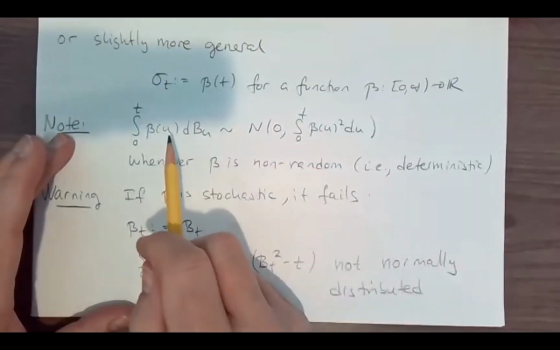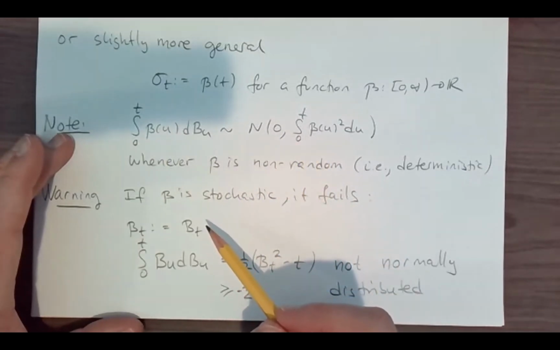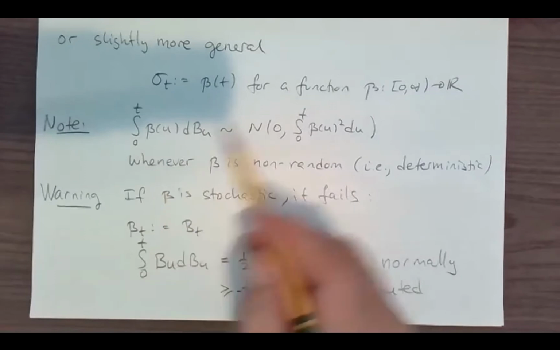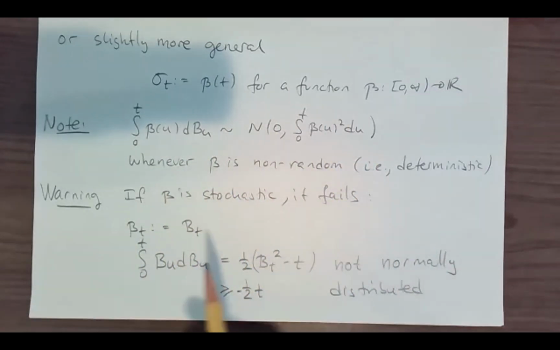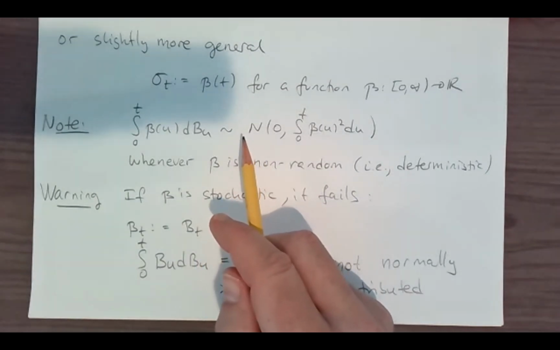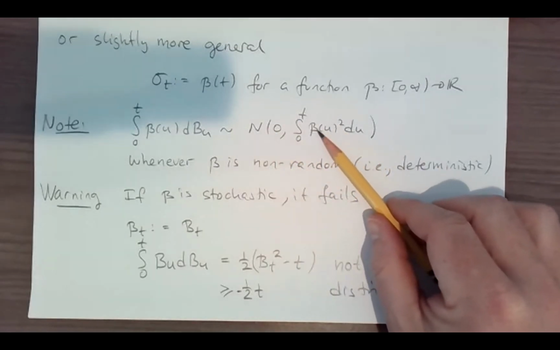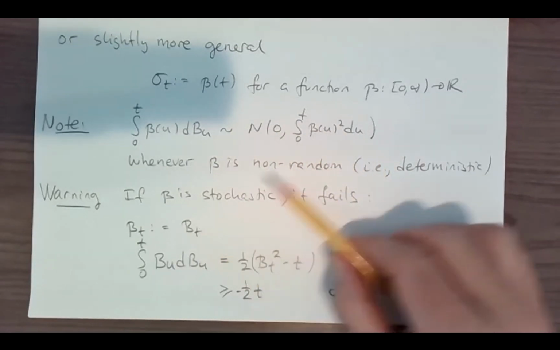So if you move from a deterministic function of time into a stochastic process, then this thing here is not true. And you can see it too, if you look at the formula, if you were to replace this beta here with a B, you cannot do that.